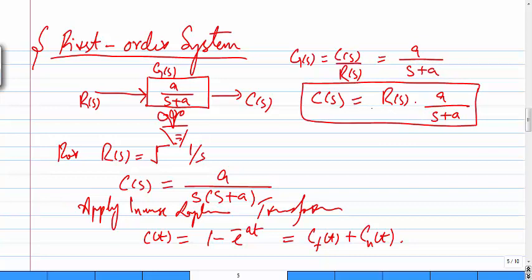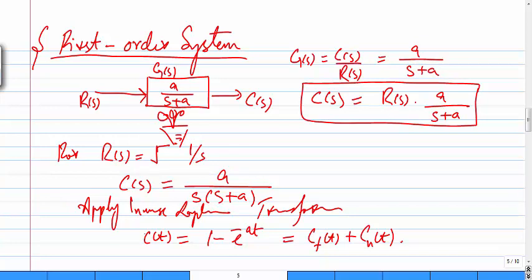The standard input that we use in control system analysis is the step input, that is you just switch on for a time duration with some magnitude. So here R of S we use as step input, and the Laplace of a step is 1 over s. Now I plug that in here and I get this as the output.